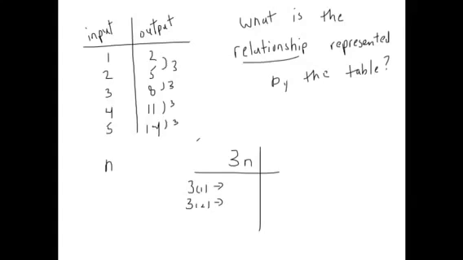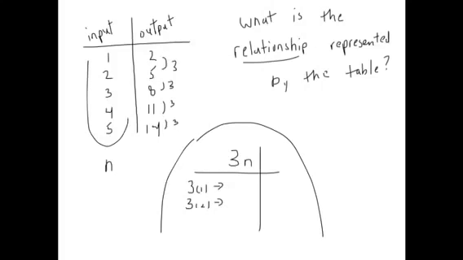Then I can go back and substitute those original input numbers into my 3n. So I got 3 times 1, 3 times 2, 3 times 3, 3 times 4. I'm simply substituting the input values in our original table into what we found with 3n. 3, 6, 9, 12.